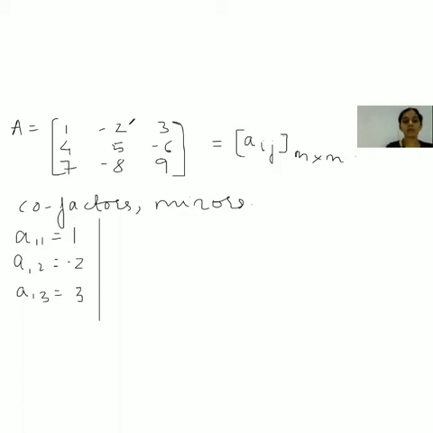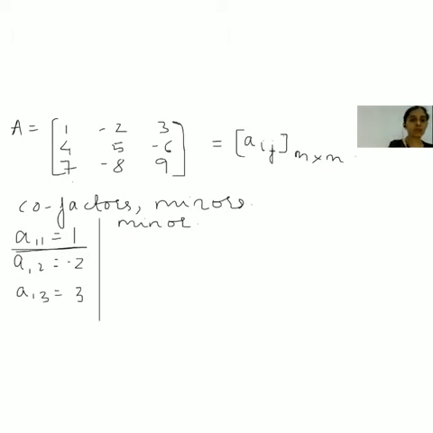Now, what do we understand by minors? Each element in the matrix has a minor. So how do we find the minor of every element? Let us begin with finding the minor of the first element, A11. You have to hide the row in which it lies and the column in which it lies. So how do we do that?